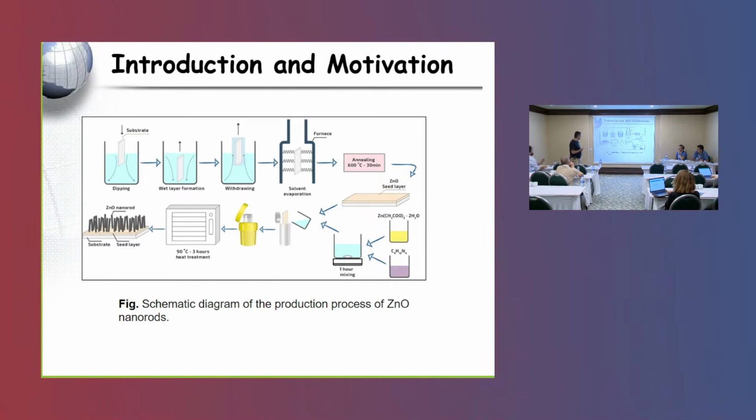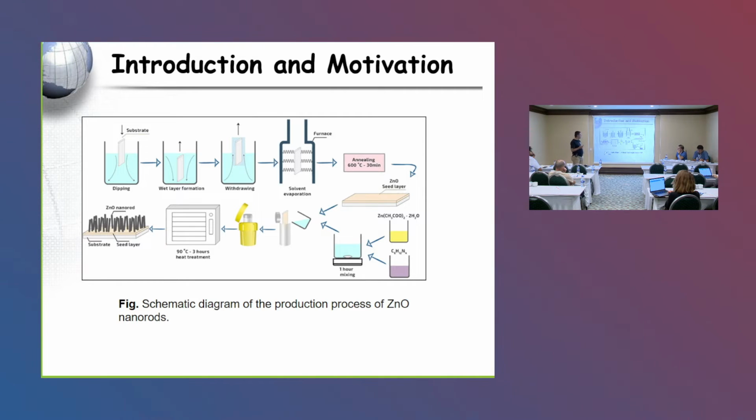This is the schematic diagram of the production process of zinc oxide nanorods. We can produce just nanorods, and the second one, nanorods on a seed layer of thin films, like a brush. How can we do this?